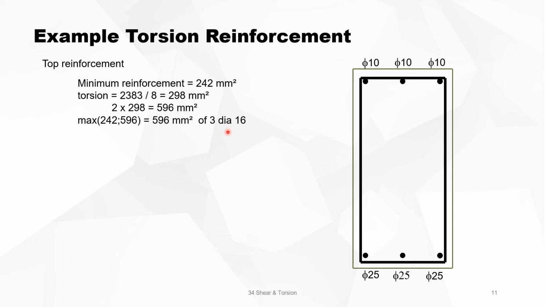We did not add up here the 3 diameters 10 with the longitudinal reinforcement needed for torsion. Why? Because this compression reinforcement was there as a minimum reinforcement. It was not there because it was needed for one reason or another. If this minimum reinforcement is really needed for taking loads, then you must add them up. So the 3 diameters 16 will be fine.